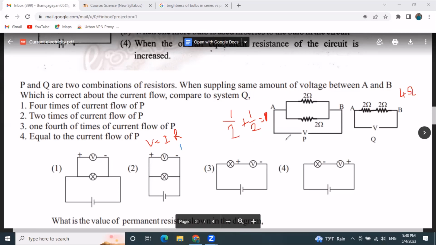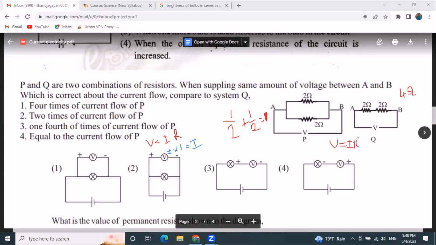That means the current flow through circuit P is, generally, let's take it as I1. Can you understand what I'm saying? Here V is equal to I into R. When R is equal to 1, that means I into 1 is equal to I. Then in Q, V equals IR.